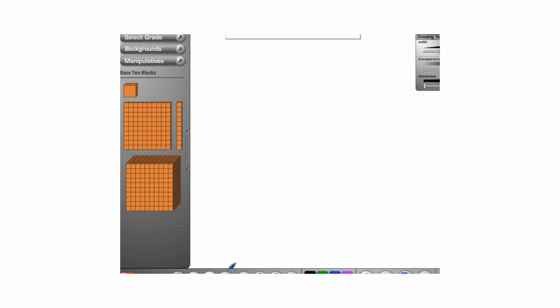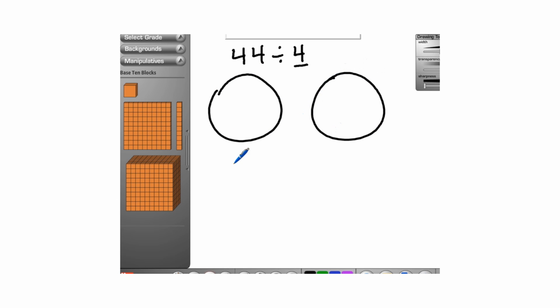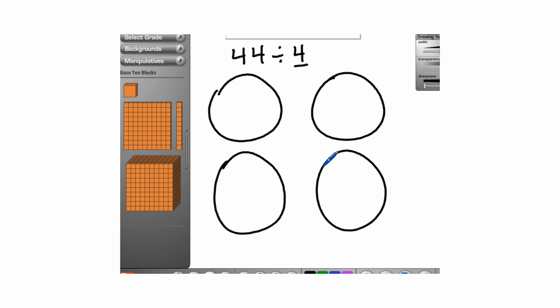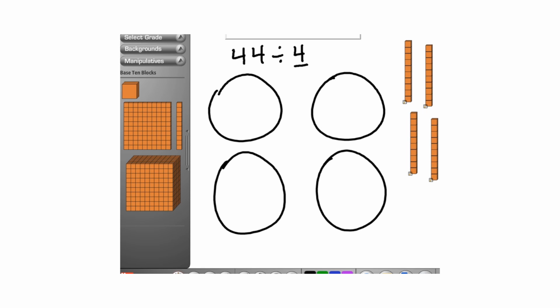You have to have your pen first. Since the question is 44 divided by 4, this 4 means I need 4 circles. Then you need your hand tool so that you can pull out 44 of these: 1, 2, 3, 4. Then you need 4 of these ones.